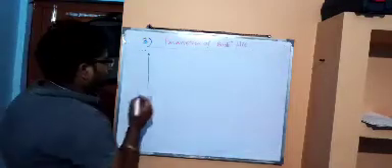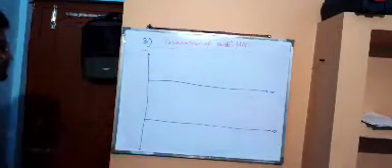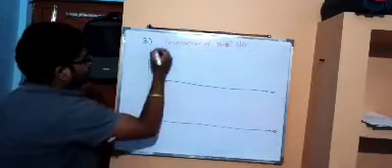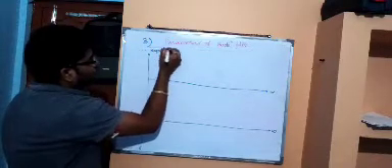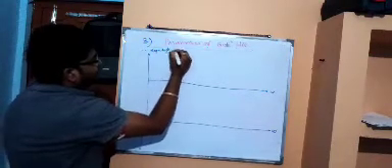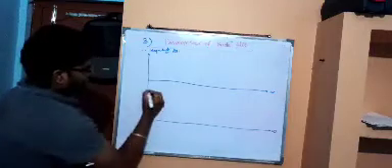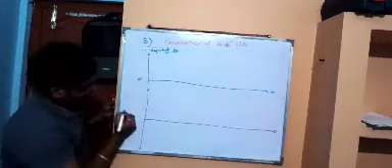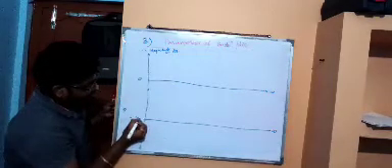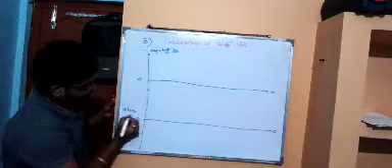As I told earlier, the Bode plot is two separate plots of magnitude and phase angle with respect to omega. Consider this is the magnitude in dB. Here 0. This is the minus 180 degree phase angle.